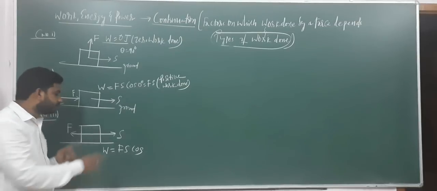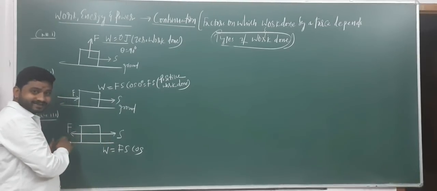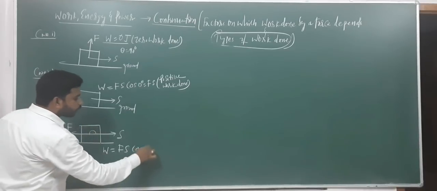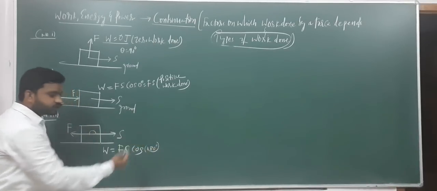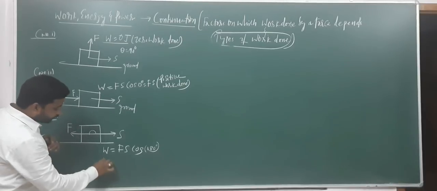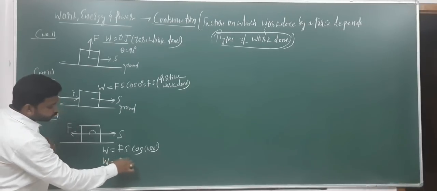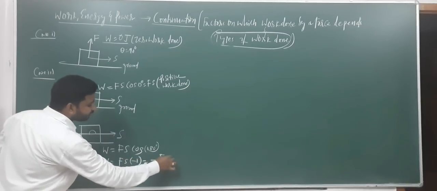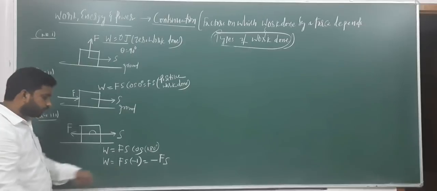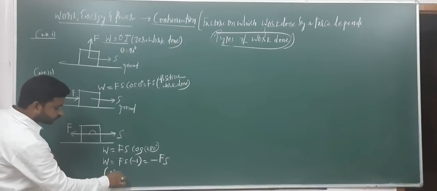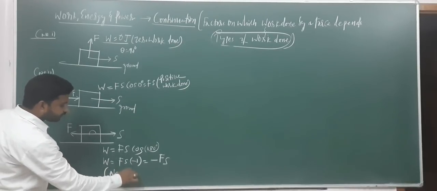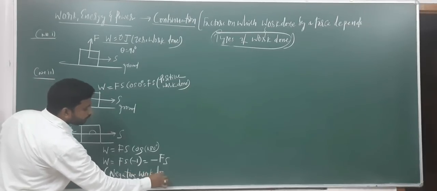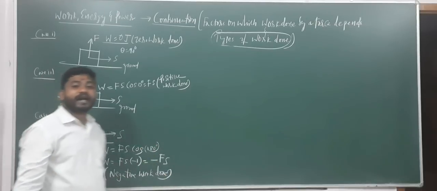What is the angle between these two directions? Exactly, they're opposite each other. What's the angle between them? It's 180 degrees. What is cos 180 degrees? So W is equal to F into S into minus 1, that is minus F into S. That's called a negative work done. What is it called? Negative work done.